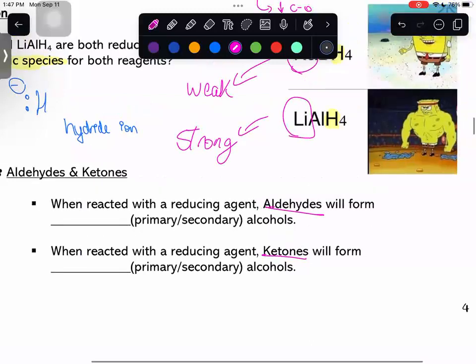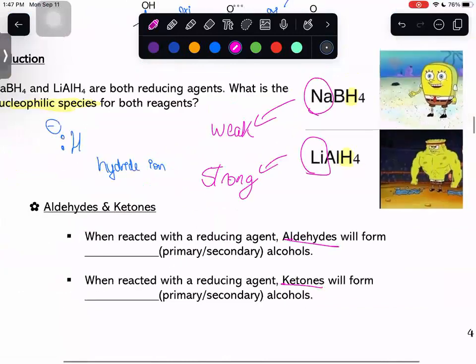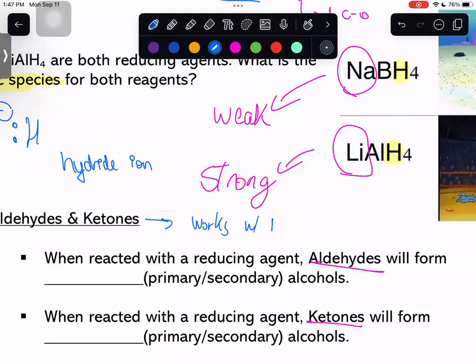Because they're so reactive, they're going to react with any of those reagents, no matter the strength of the reagent. So let's start by writing that it works with both NaBH4 and the other reagent, the one with lithium. Most of the time, you're just going to see it with the sodium reagent, but it's still good to learn the concept behind this.